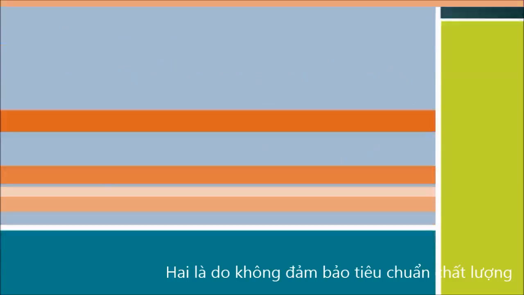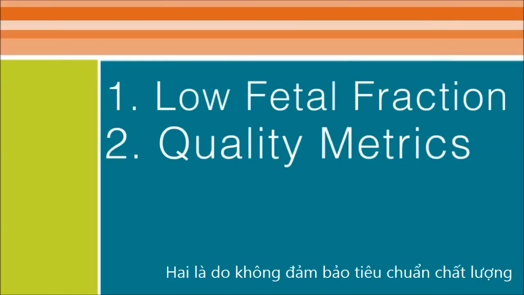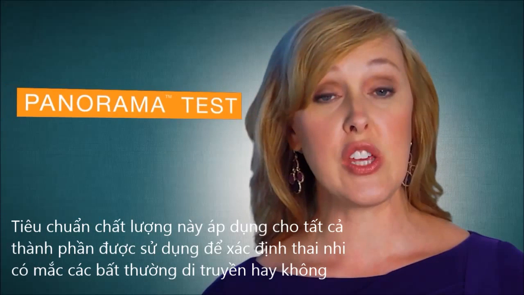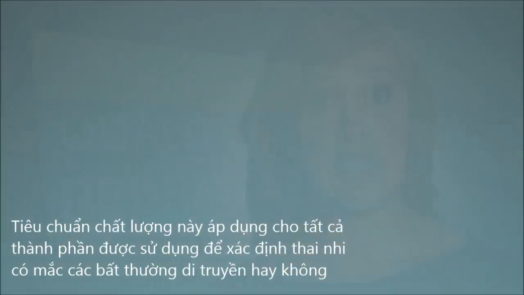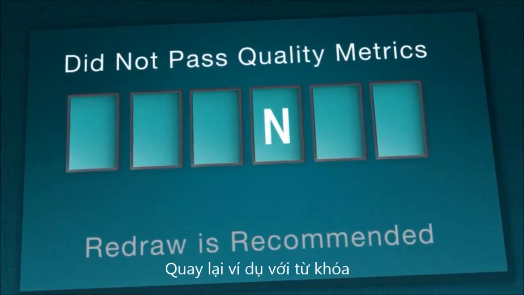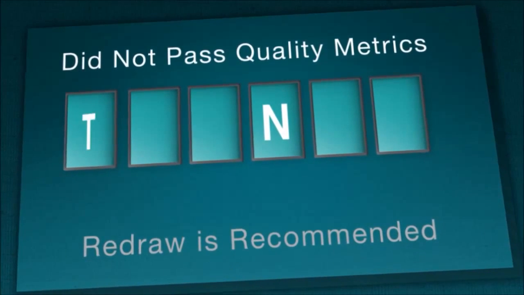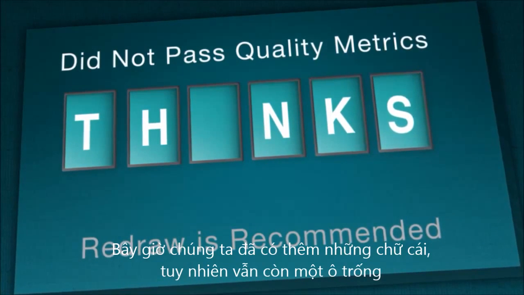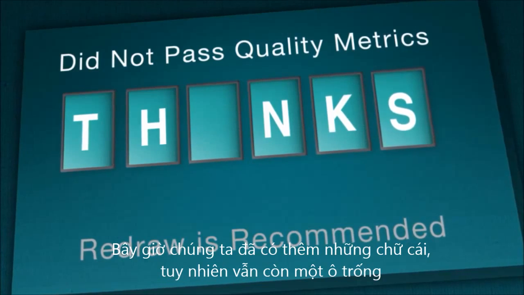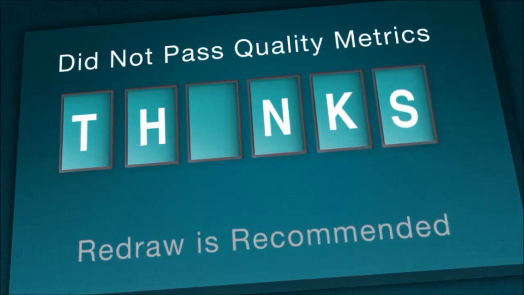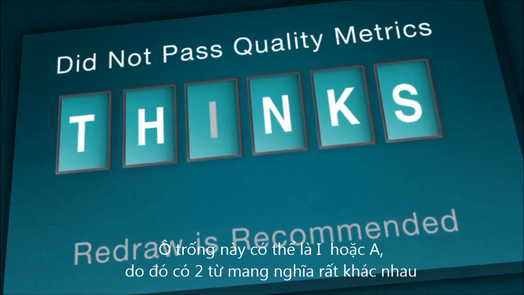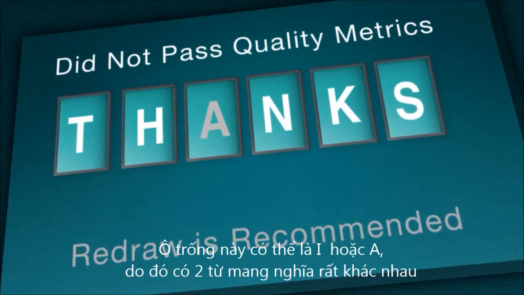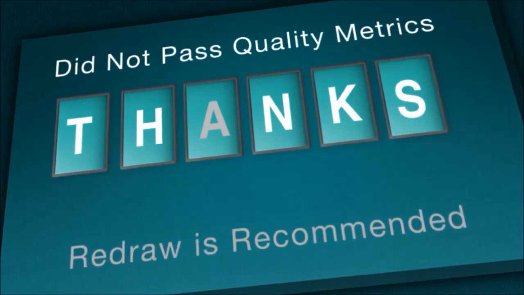The second way this can occur is by something called quality metrics. Quality metrics are all of the components we use to help us determine whether or not a baby may be affected with a particular condition. Again, going back to our word example, now let's say I filled in more of the letters. However, there's still a blank space. This blank space could be an I or an A, therefore making the word thinks or thanks, which are two very different words.